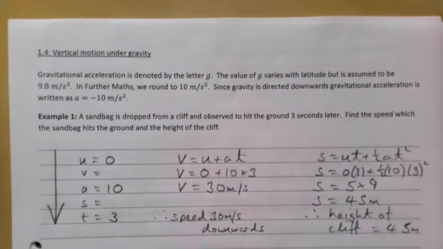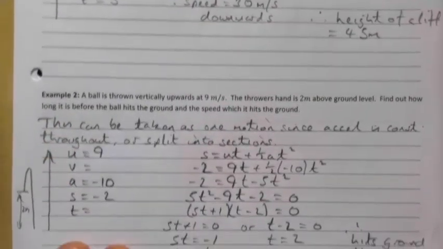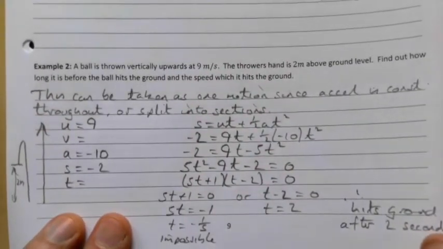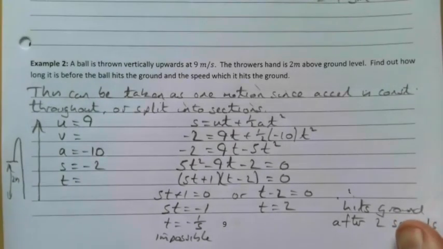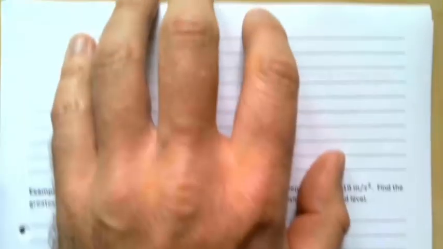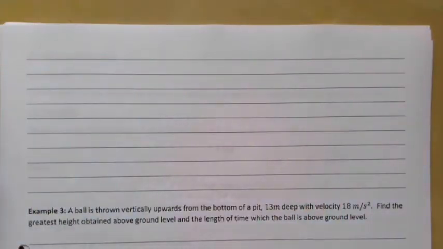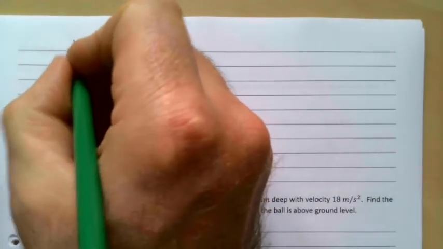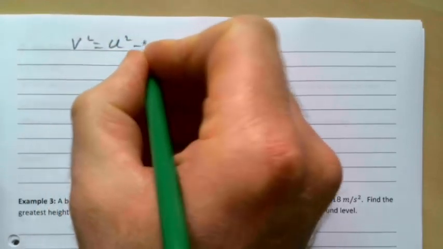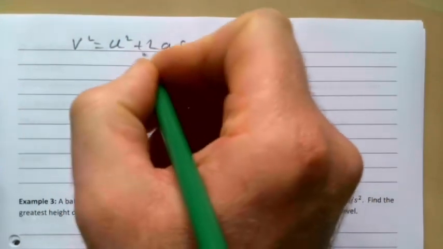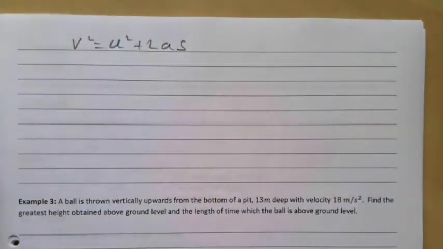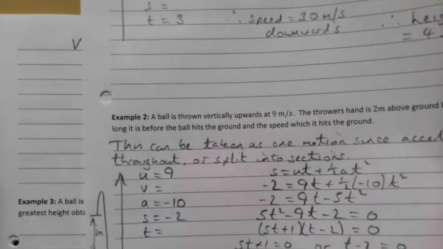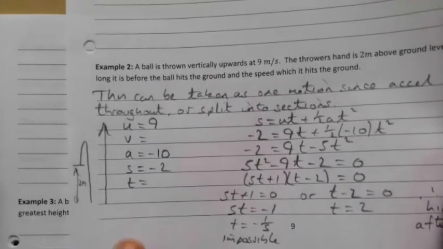Okay, on to the second part of the question then. And it works for both. So the speed with which it hits the ground is what we need. We're going to use v squared equals u squared plus 2as. Now we're back to using our original information here, where we've taken it all in as the one journey.